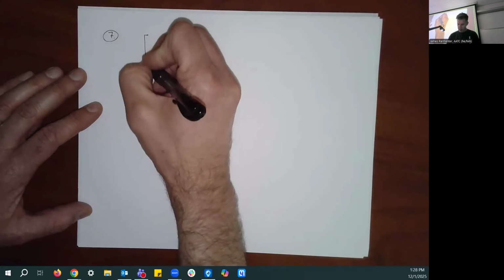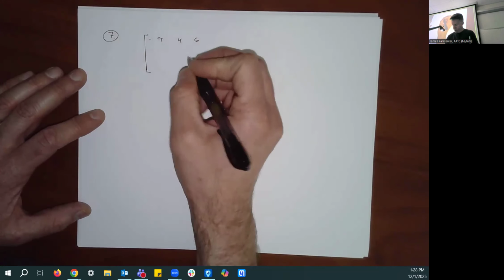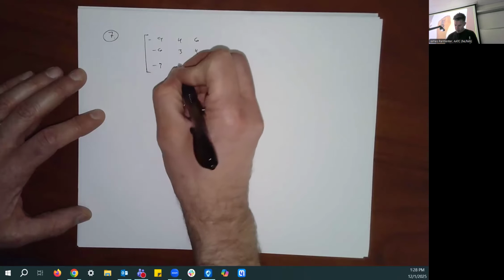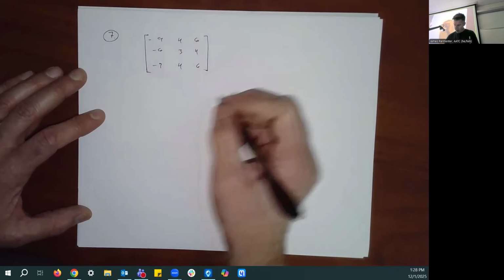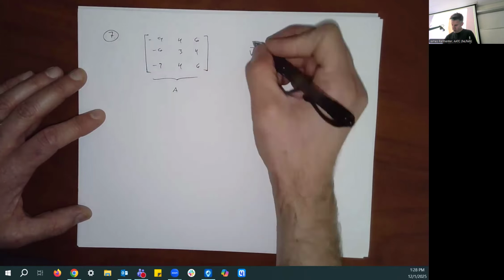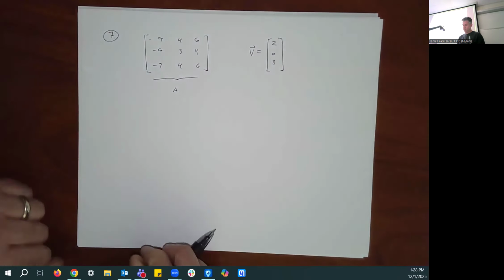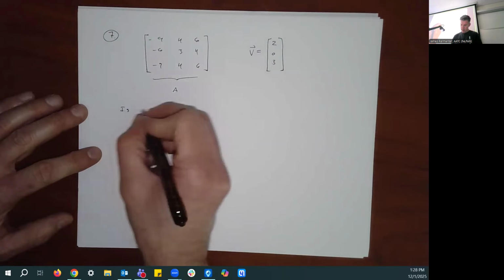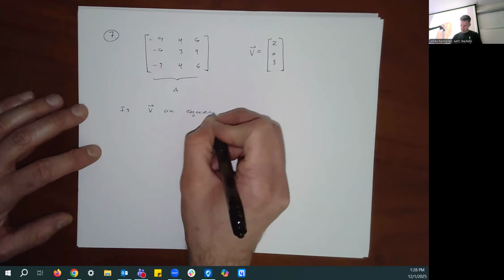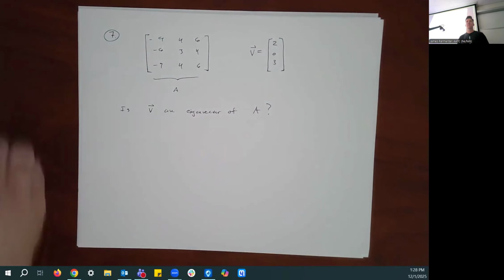Your matrix is -9, 4, 6, -6, 3, 4, -9, 4, 6, and your vector is 2, 0, 3. So the question is, is V an eigenvector of A? Find out.